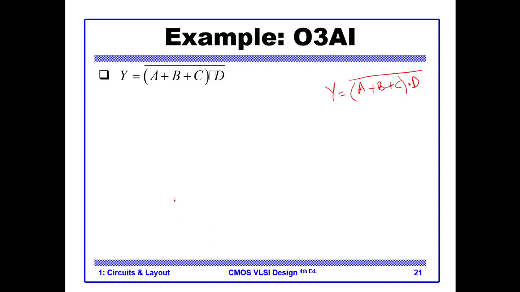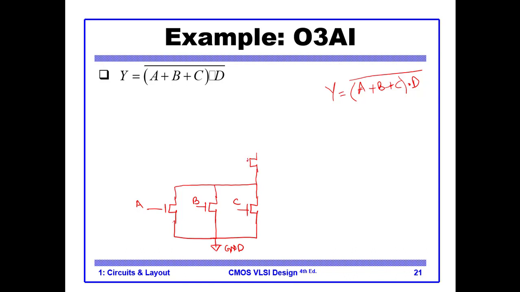It has A, B and C connected in OR type or parallel, and after this we have this connected with D, which is a series connection, and our output Y is here. So this is our pull down network.